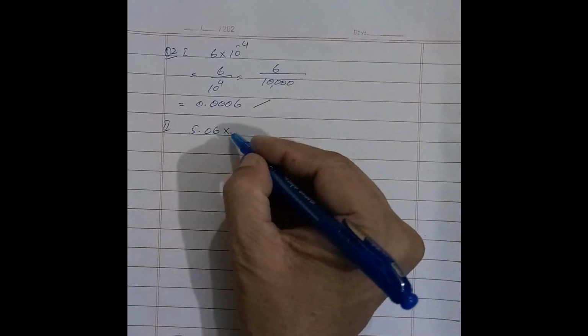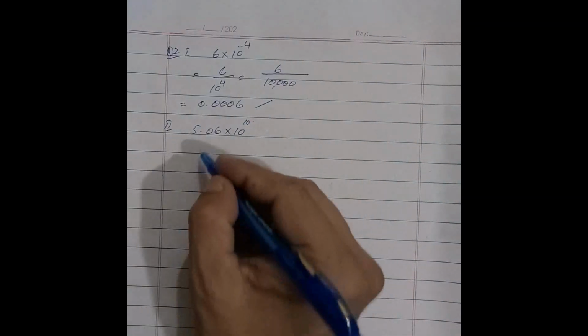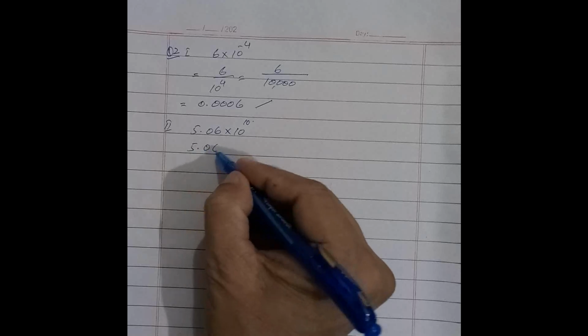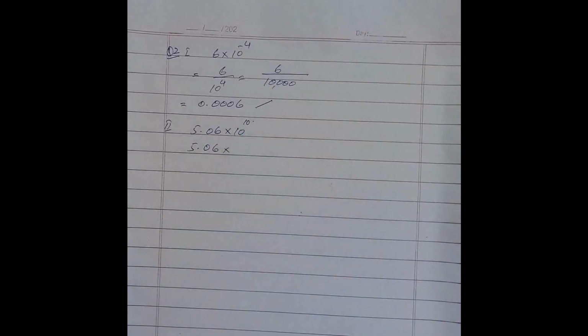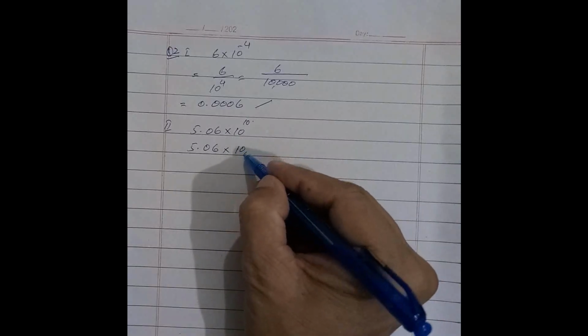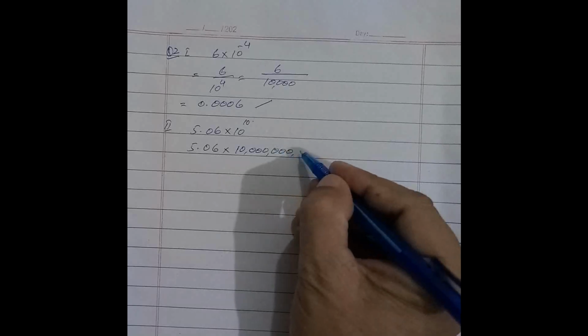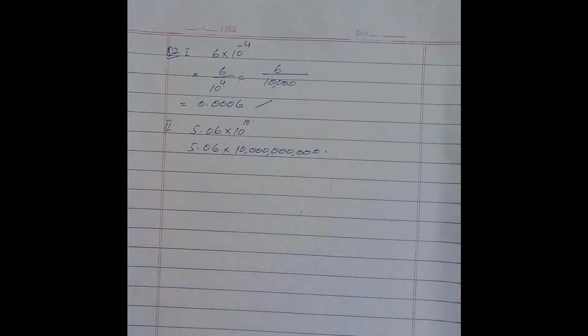5.06 multiplied by 10's power 10. In this part, 10's power 10 means we have 10 zeros with 1: 1 2 3 4 5 6 7 8 9 10.